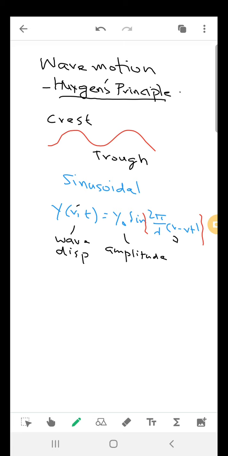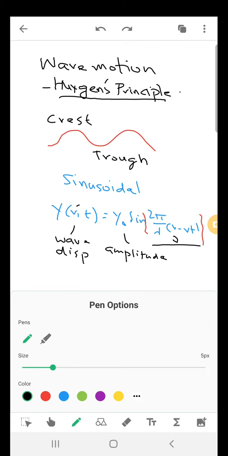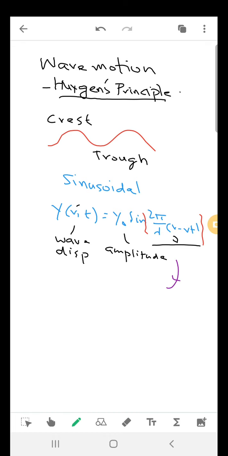Now this is also called the phase angle. Let's denote it by phi. So phi is 2π/λ (r − vt).